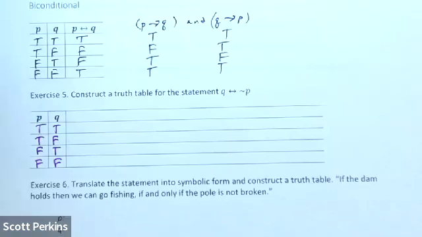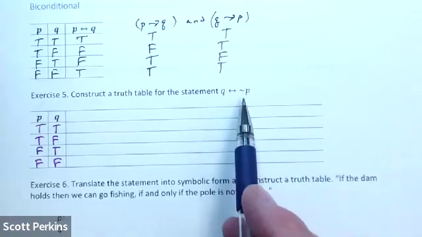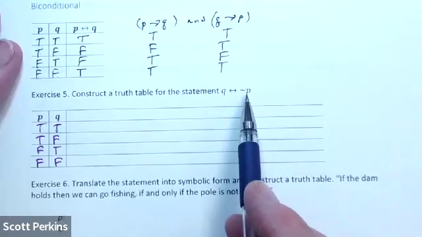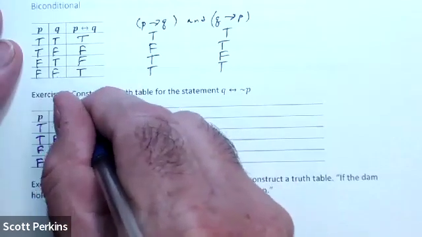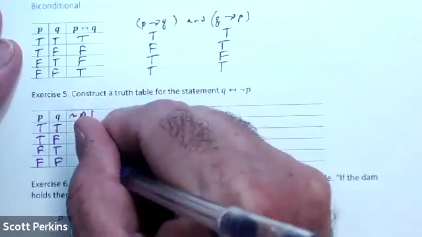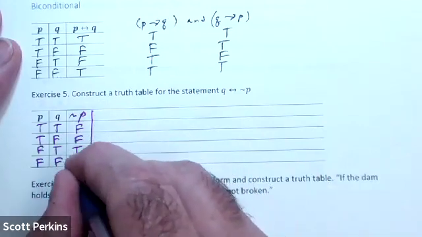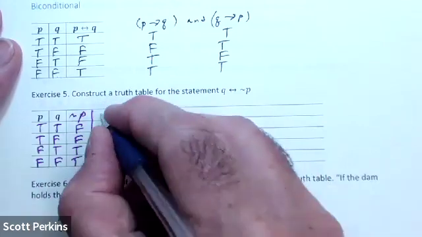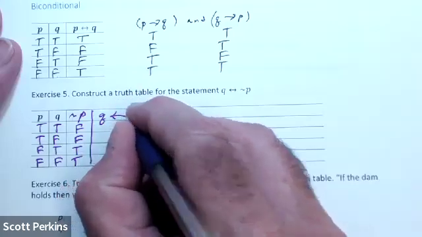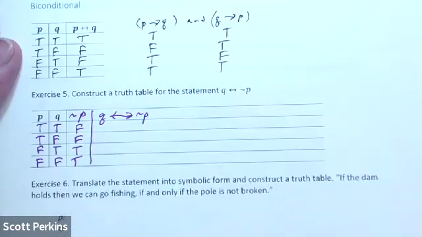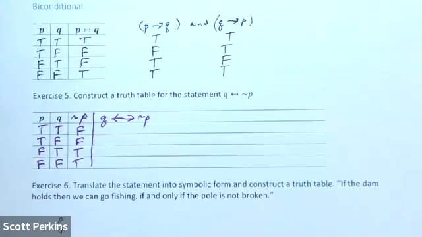Okay, on this one, I've got Q if and only if squiggly P. So I need a squiggly P column. Instead of true, true, false, false, I've got false, false, true, true. Now I'm going to join Q and squiggly P together with the biconditional. Again, to reinforce, the biconditional is true when the statements have the same value.